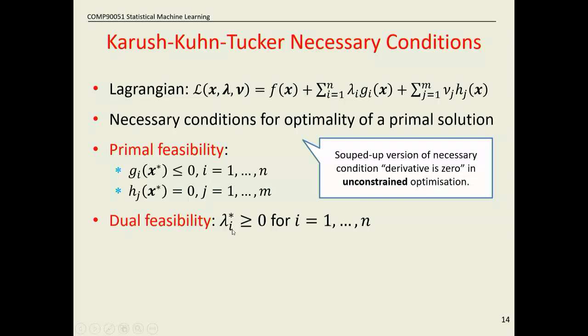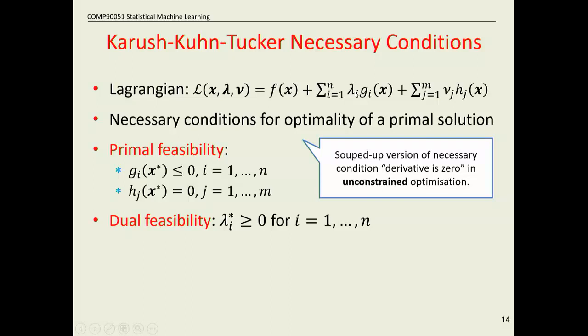We also need the dual variables for the inequalities to be non-negative. That's because if they're allowed to be negative and we're minimizing L, we could make L smaller and smaller forever if we made any of these lambdas negative.